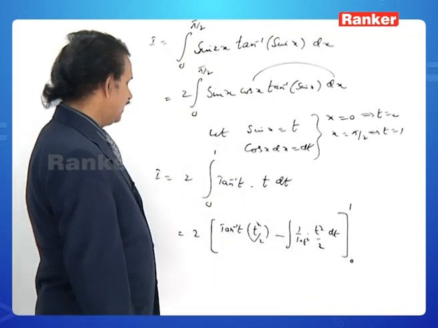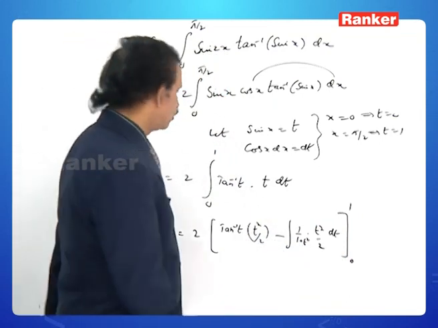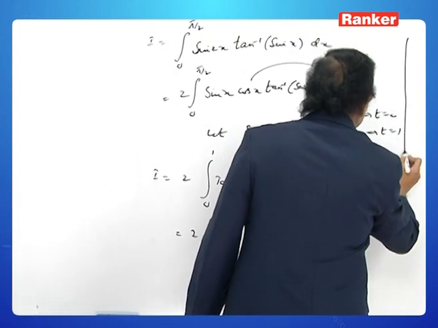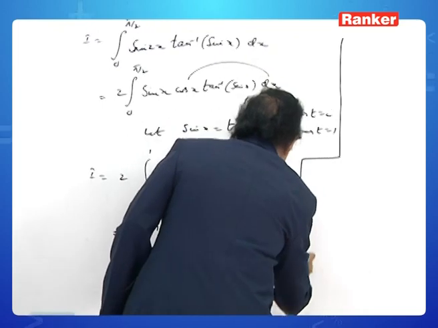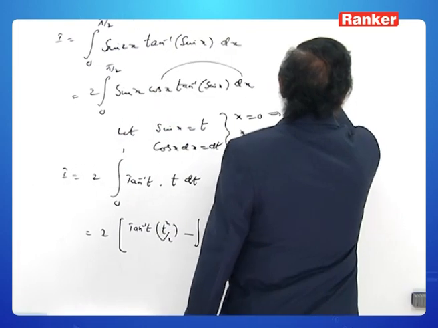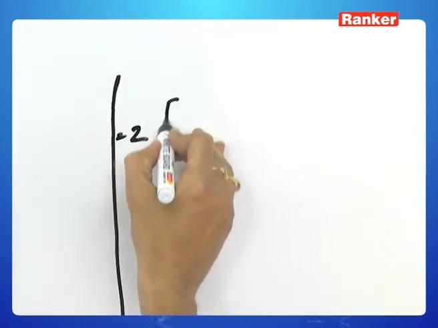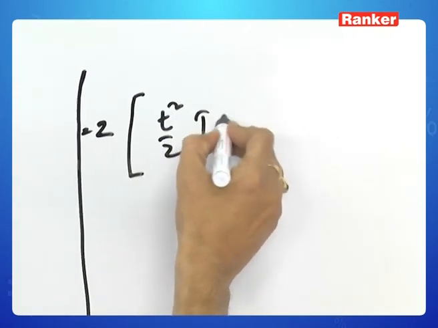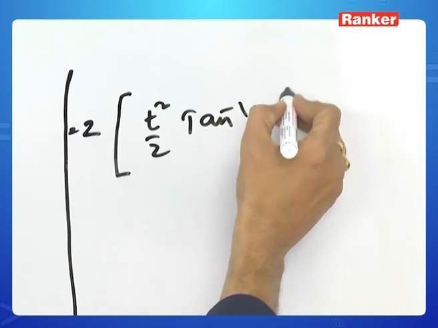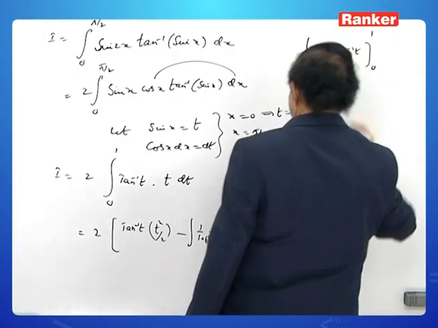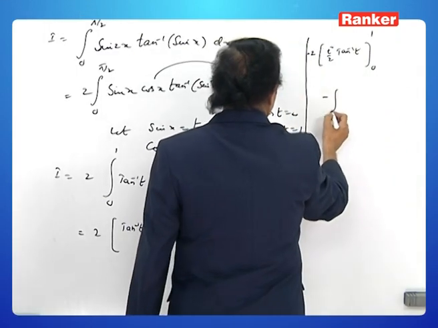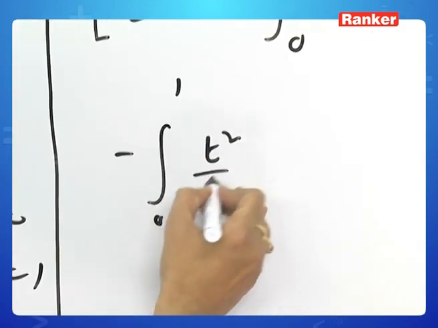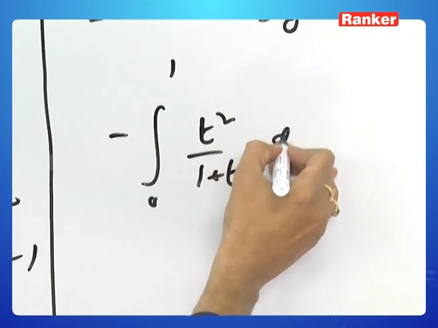Well, let us split into two parts. The first part becomes 2 into t square by 2 into tan inverse t between the limits 0 to 1, minus integral 0 to 1 t square by 1 plus t square dt.